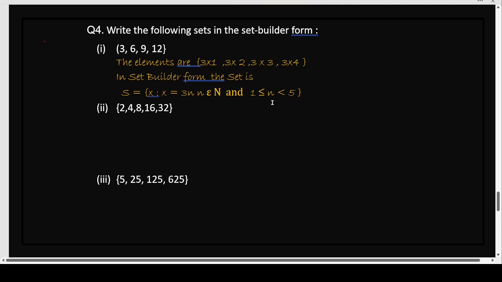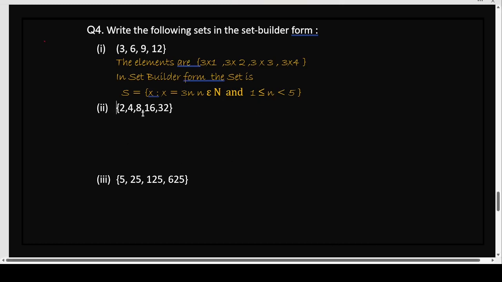That means n lies between 1 and 5, 1 included and 5 not included, so 1 to 4. This is the set builder form. You understood. You have to find out the common property that all these elements share. That is the requirement to write in set builder form.